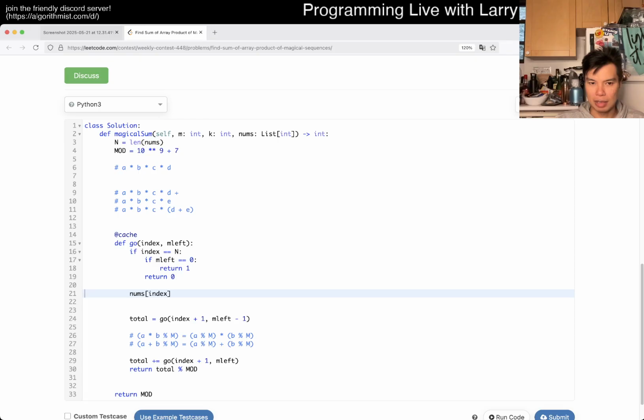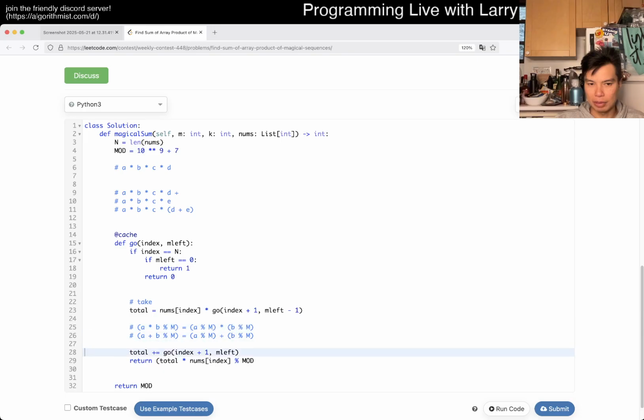Right, so then now we add that, and then this is this times num sub index, maybe? No. Okay, so this should be the tick, no tick part, right? So tick, yep. So this is num sub index times this, and then we add it to the parts that don't.